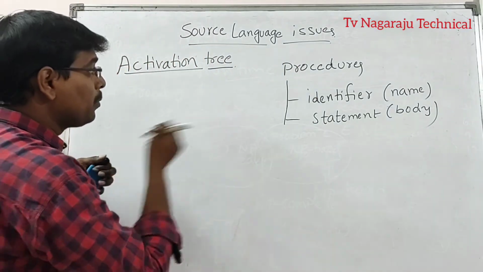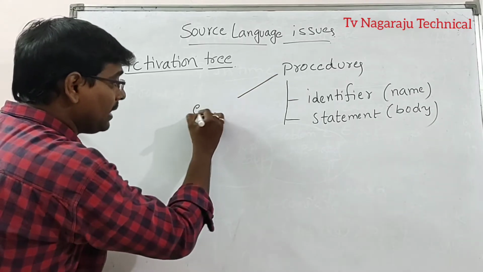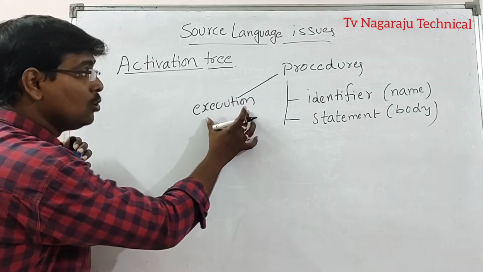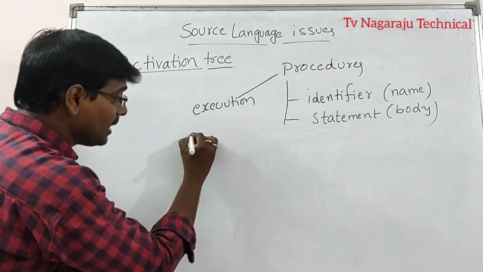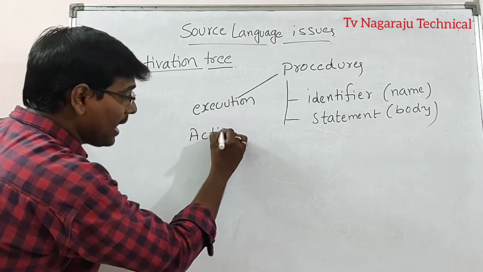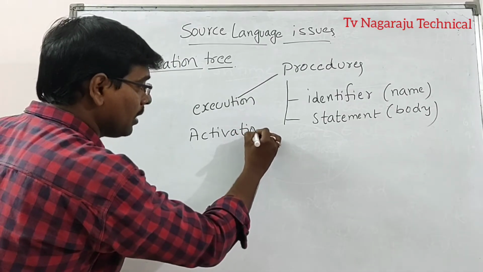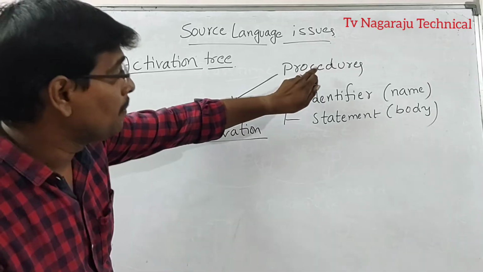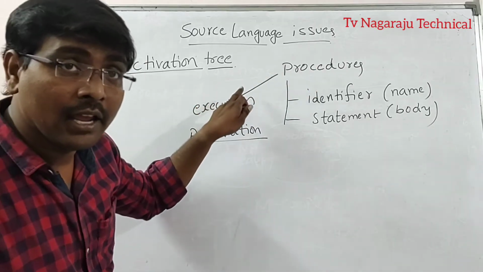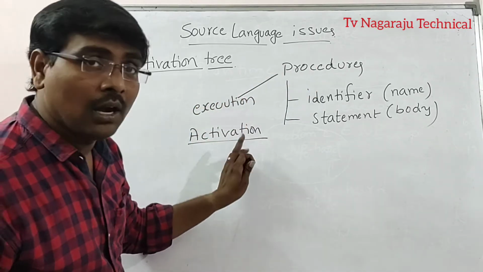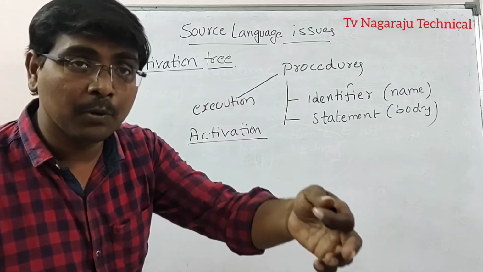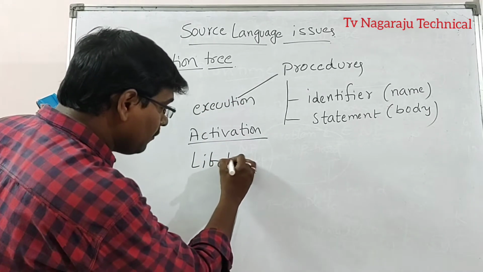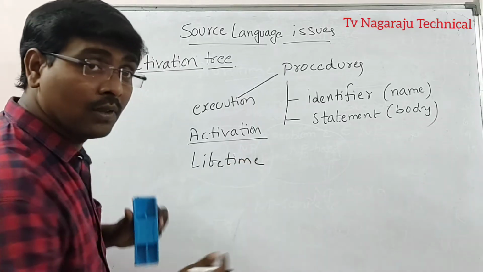Now, a procedure under execution. An execution of a procedure is called activation. Remember the term. What is meant by activation? A procedure under execution is called activation of the procedure. What is the lifetime of the activation?